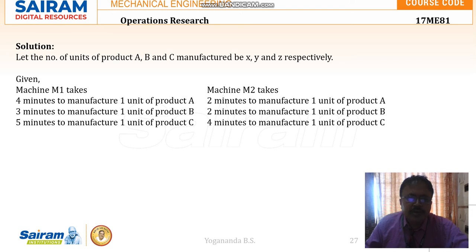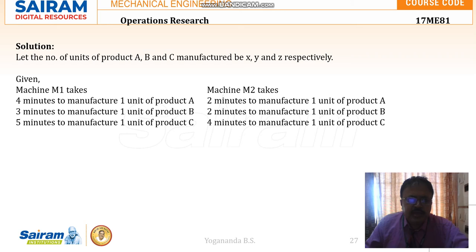Let the number of units of product A produced be X, Y number of units of product B, and Z number of units of product C will be produced. So now the question is, how many X's, Y's and Z's will be produced so that the mixture of all these three products will maximize the profit.